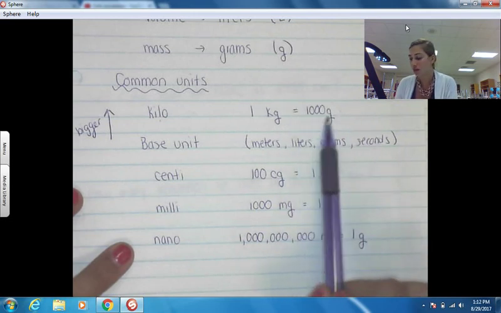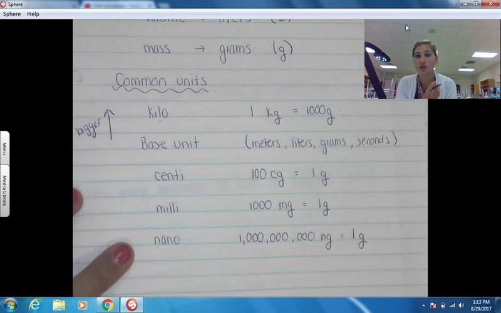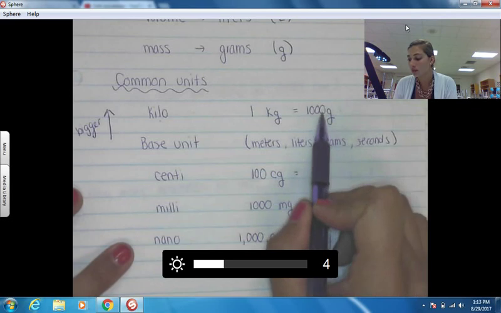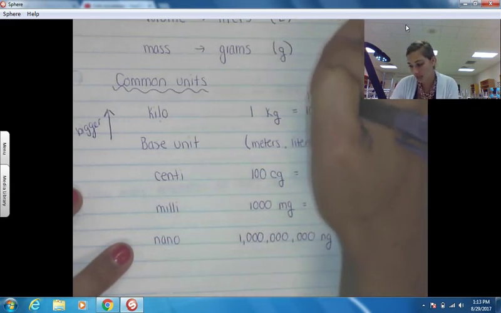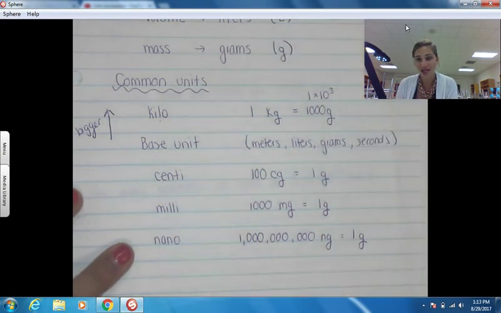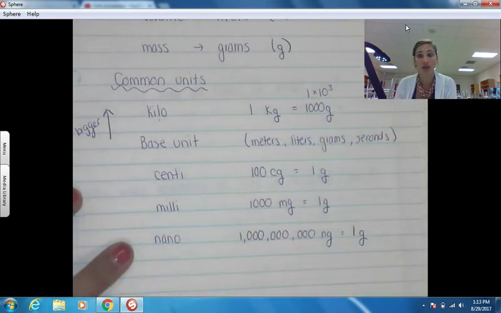But the amount of kilos equal to the base unit is always going to be the same, no matter the base unit that we are using. Another way to write 1,000 is 1 times 10 to the third. I tend to put things into scientific notation. The more zeros there are, the more I'm going to require you to do that, but it's not necessary for the kilo conversion.